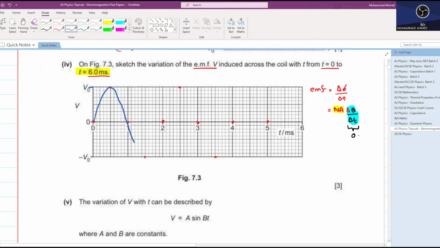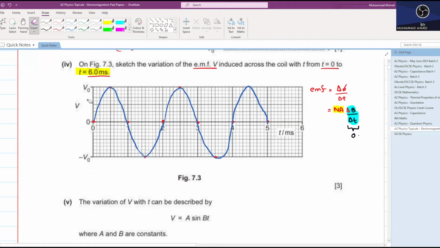Something like this. The examiner had already marked the maximum and minimum EMFs, so I didn't locate the point. Something like this. I guess this will be enough. This is your graph. Now, one question that might come to your mind is, sir, why didn't you mark 0.82 here as your maximum EMF and then draw the graph?